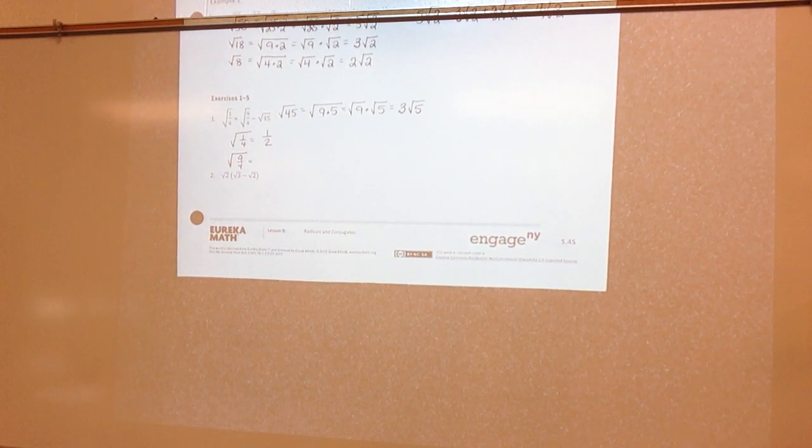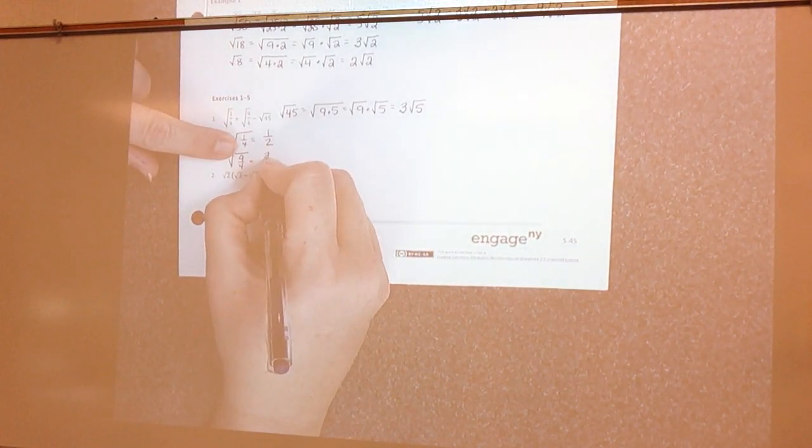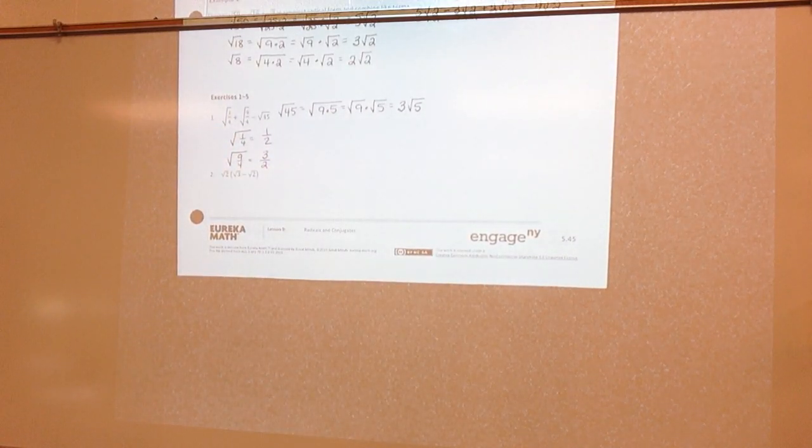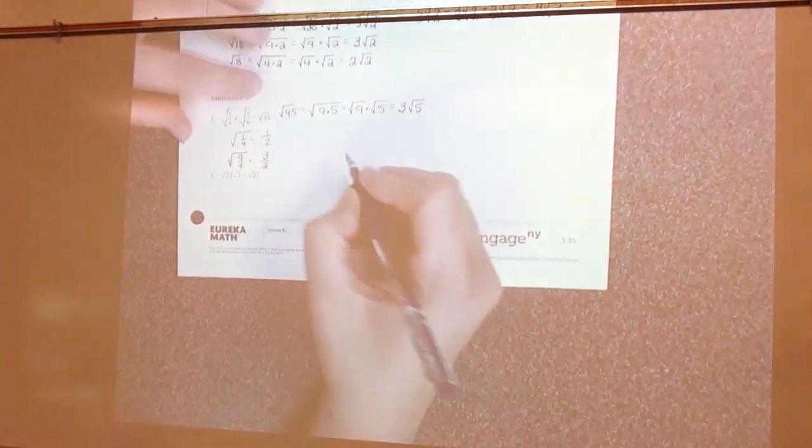9/4, guys, look at 9 and look at 4. They're both perfect squares. The square root of 9 is 3. The square root of 4 is 2. So the square root of 9/4 is 3/2. All right? Now let's combine those, or let's rewrite them.